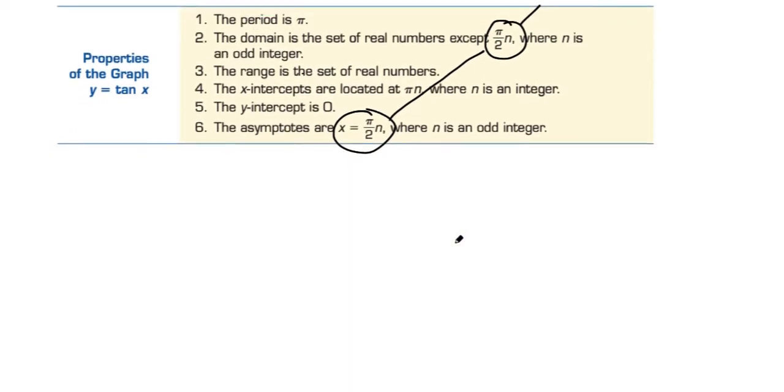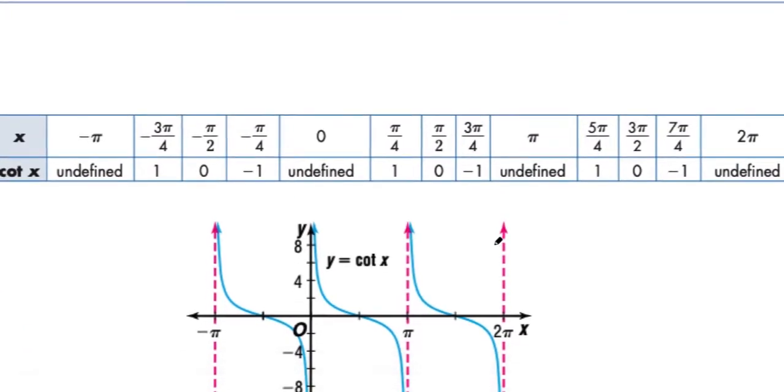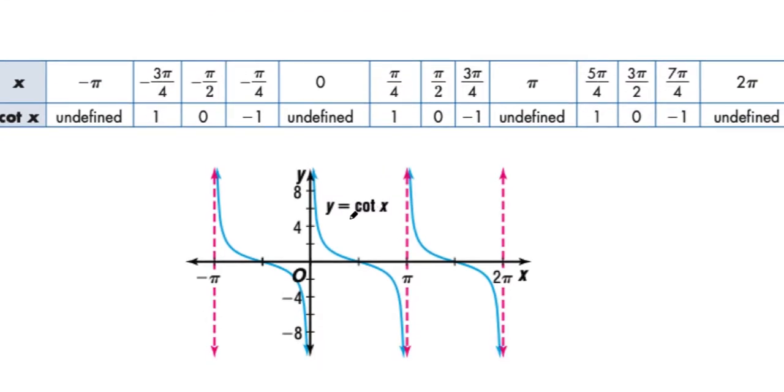All right, and then we can similarly look at the cotangent in the same way. We see that the cotangent and the tangent graph look very similar, except they're kind of, I don't know, wiggling opposites, and they're slightly shifted over. Let's see.